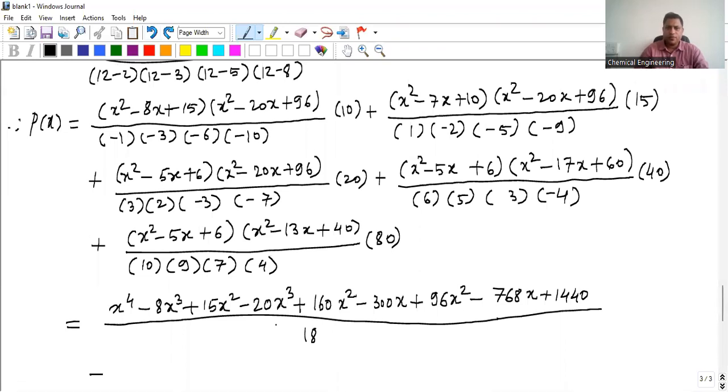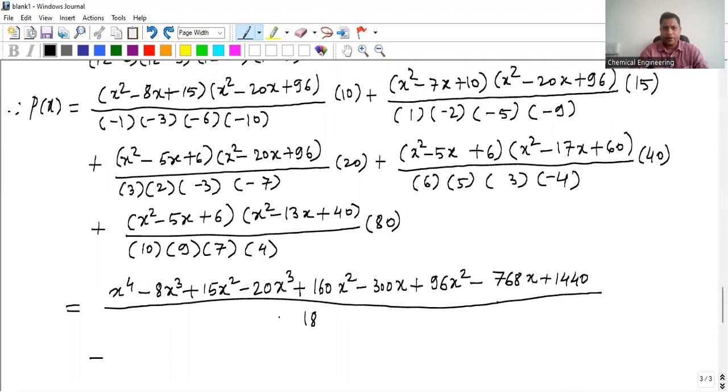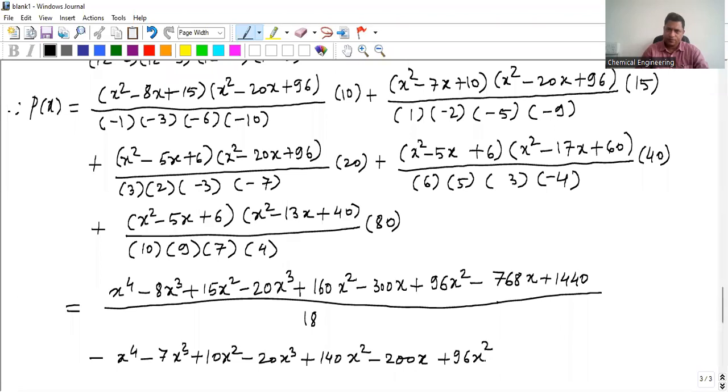So let us simplify the numerator. So what is in the numerator? Again, x raised to 4, minus 7x cube, plus 10x square, minus 20x cube, plus 140x square, and we'll be having minus 200x, then plus 96x square.